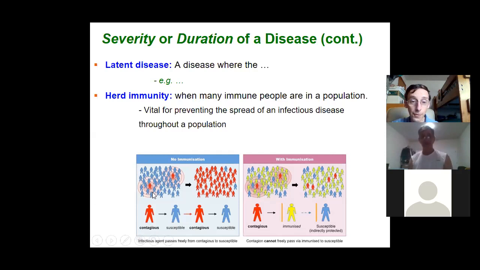So COVID-19 at the moment would be this type where there's no immunization, and so when somebody gets it, everybody in contact with them will get it, and then everybody in contact with them will get it, and then eventually most of the population would get the disease. And that's why you need to prevent your getting the disease until they come up with a vaccine.